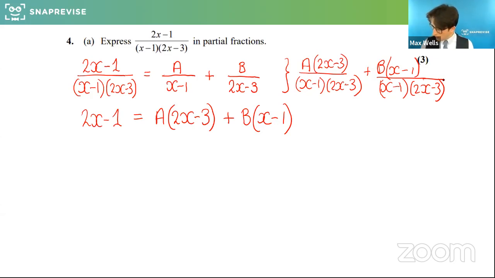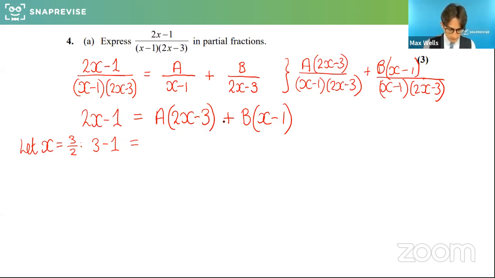So let's have a little look. By looking just at the numerators, we can use clever substitutions. If I let x equal 3 over 2 and sub that into both sides, I get 3 minus 1 is equal to a times, and that whole bracket is going to go to 0.